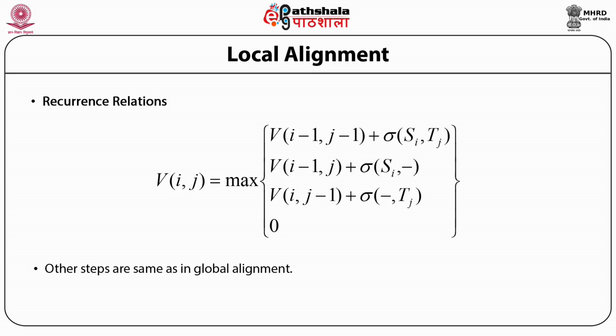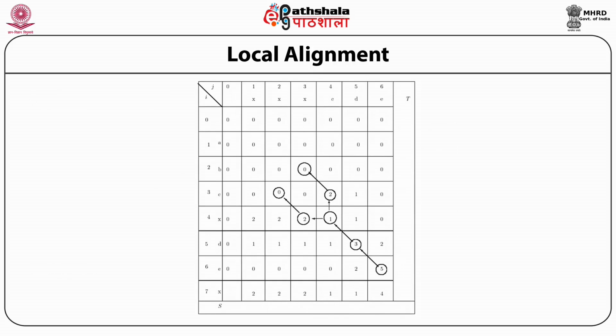As we can see in the next one, in your table you have lots of zeros. So when you are tracing back your path, you suddenly stop at a point because you have zeros everywhere. So wherever you can trace a path, that is a subsequence, and that and its corresponding partners in the x and the y axis give you the best alignment. So that is all about local alignment here.